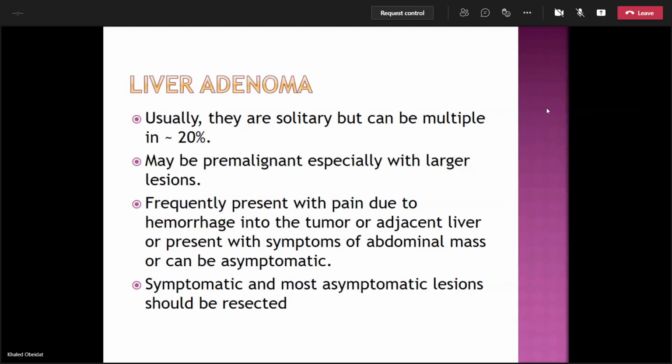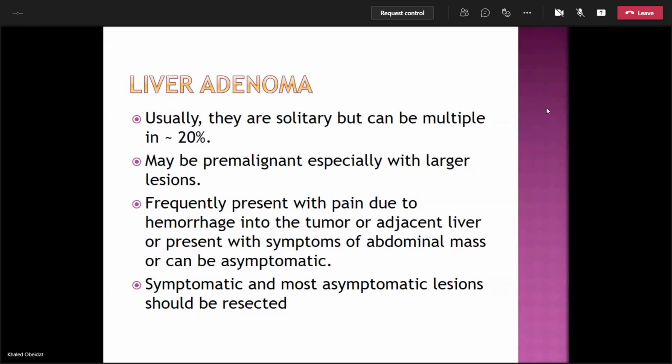So usually we recommend resection of most adenomas, especially for sure symptomatic, and most of the asymptomatic lesions, especially if they are more than 5 centimeters.